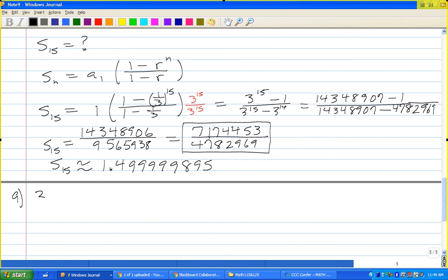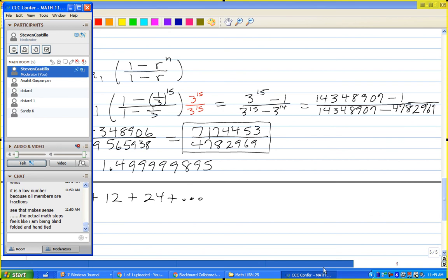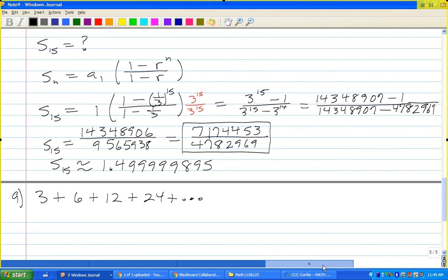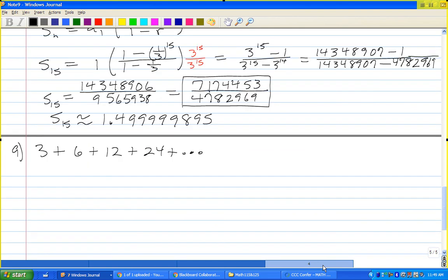3 plus 6 plus 12 plus 24. Let's find the sum of the first 15 terms of this sequence.